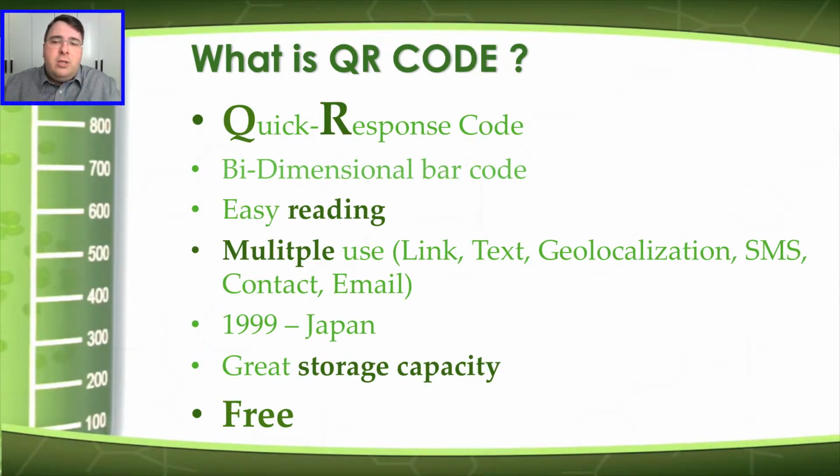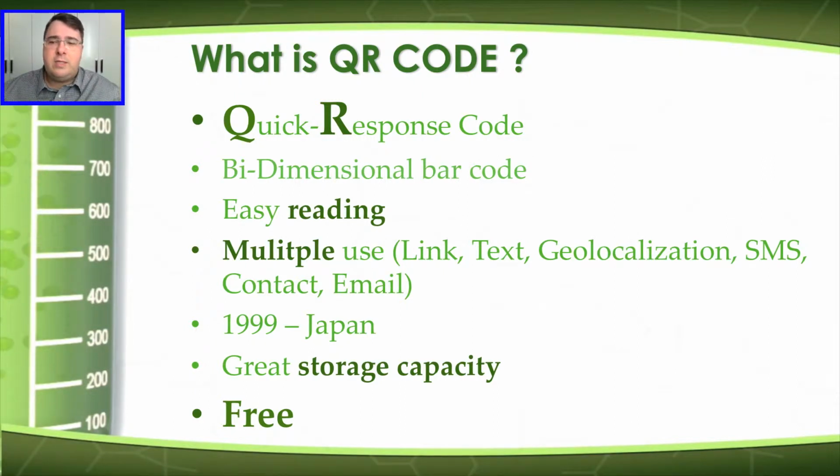It's a two-dimensional barcode for easy reading and has multiple uses like geolocation, text, link, SMS, contact information, email, Skype, Facebook, Twitter, pretty much every kind of information you can encode in a QR code.